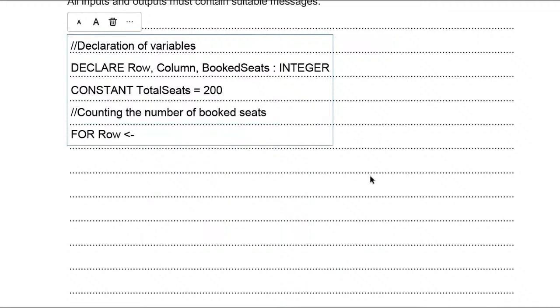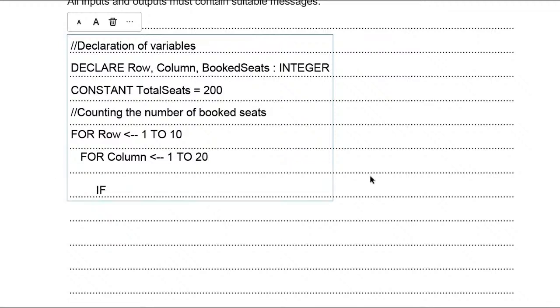For row 1 to, how many rows were there, 10, for column 1 to 20, if evening row column is equal to true, then do what?